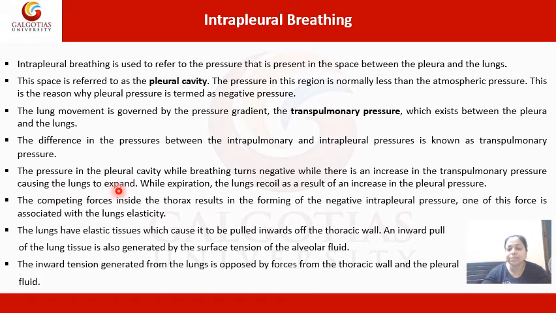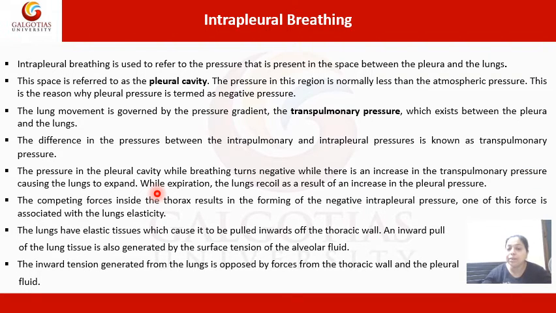the lungs to expand. So there are two different types of pressures which are interplaying. One type of pressure is the intrapleural pressure, and the other type of pressure is the intrapulmonary pressure. Now, both these pressures are acting one upon the other, and the pressure in the pleural cavity while breathing turns negative, there is an increase in the transpulmonary pressure causing the lungs to expand.